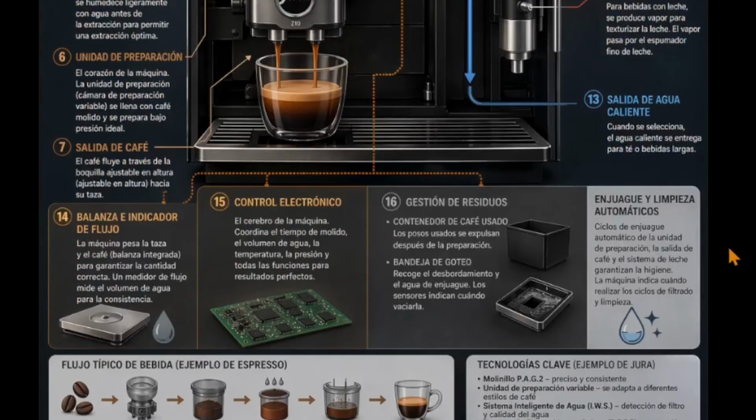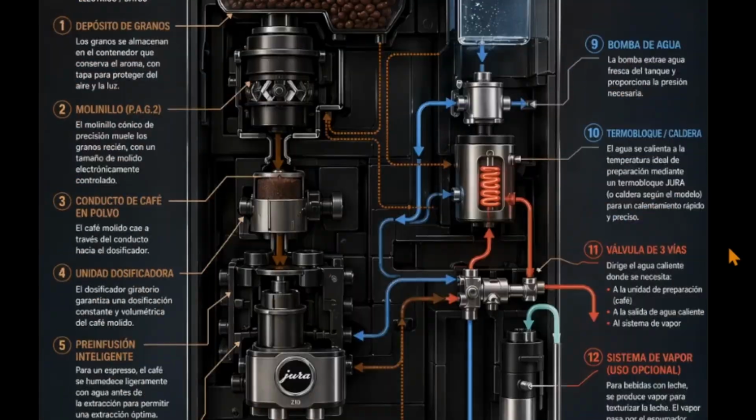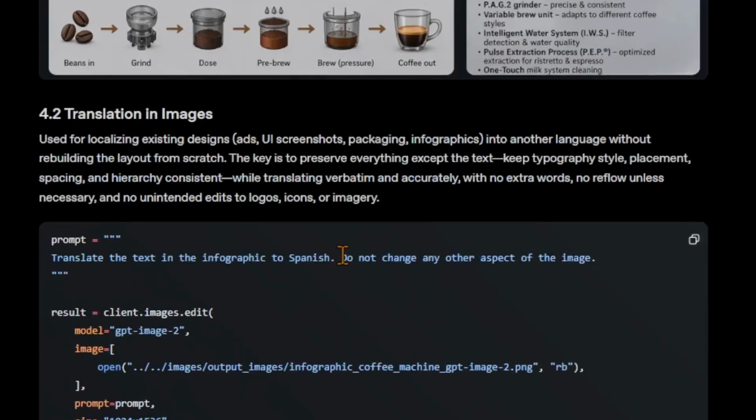I think that's a really good example because a lot of times people will have an image and just want one edit, like in this case, change it to Spanish, but they'll leave out the other part, like do not change any other aspect of the image. And then something else randomly will be changed.